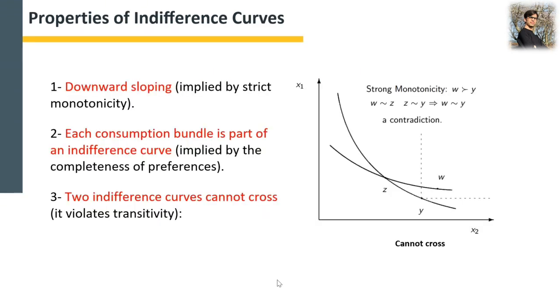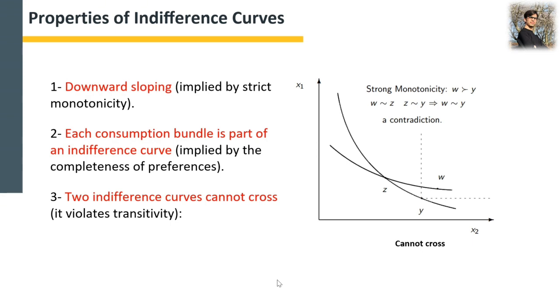So there are some general properties that we have for indifference curves. The first one is that the indifference curve has a downward sloping shape. It's because of the strict monotonicity that we have. What does a downward shape mean?